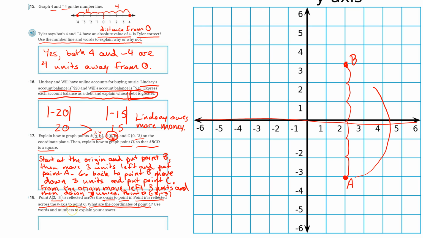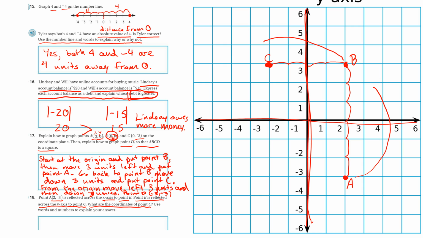And then point C is a reflection across the y-axis. So now we're folding it along this y-axis. So it's going to be on the opposite side of the y-axis, the same number of units from the y-axis. So B is 2 from the y, so we go 2 from the y the other way. There's my point C.